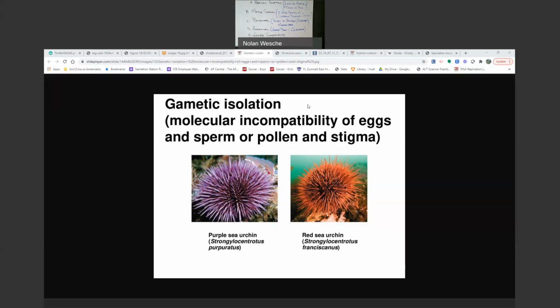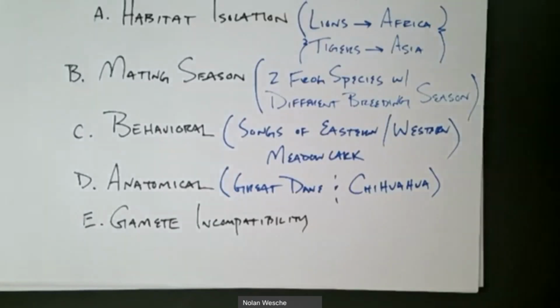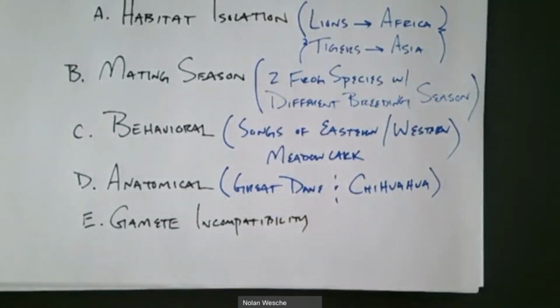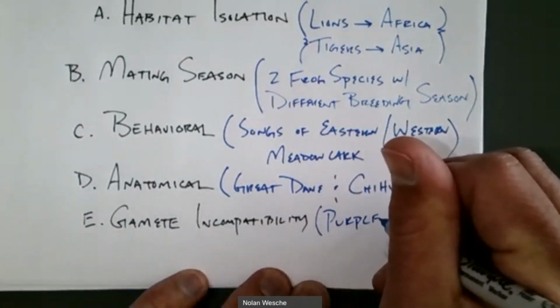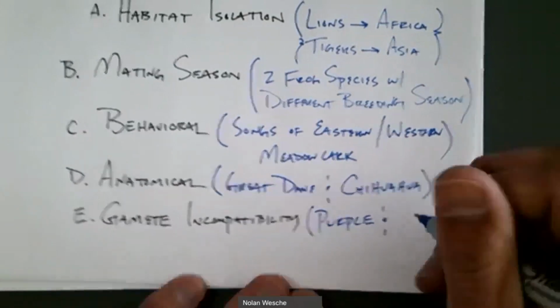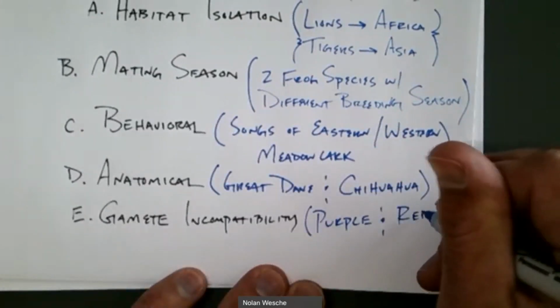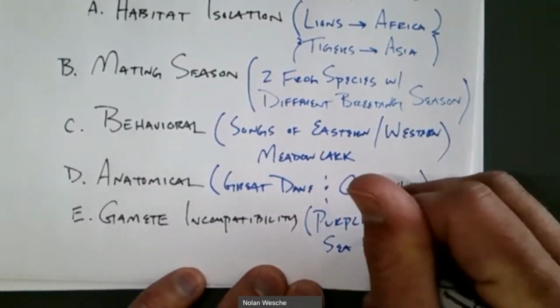So again, gamete incompatibility here prevents hybridization. So again, our example here is the purple and the red sea urchin.